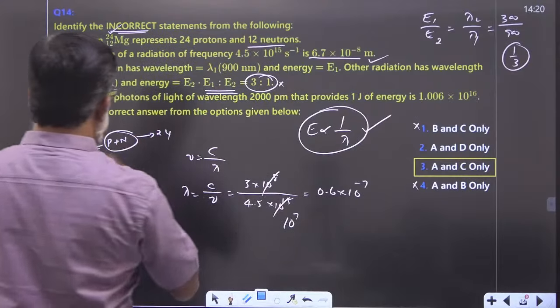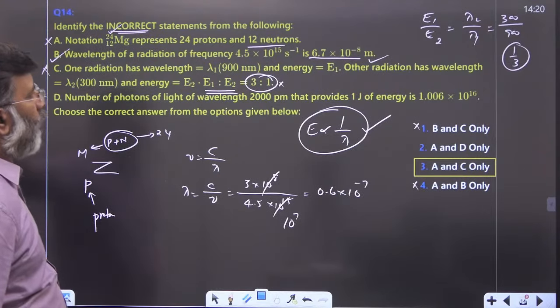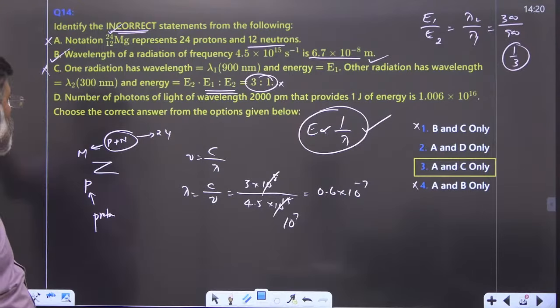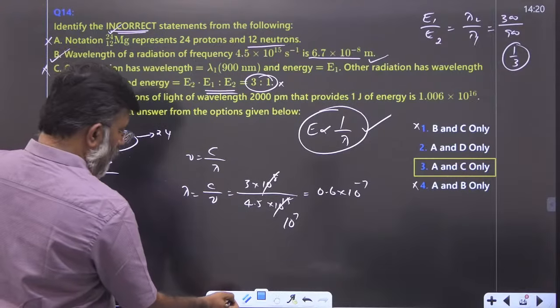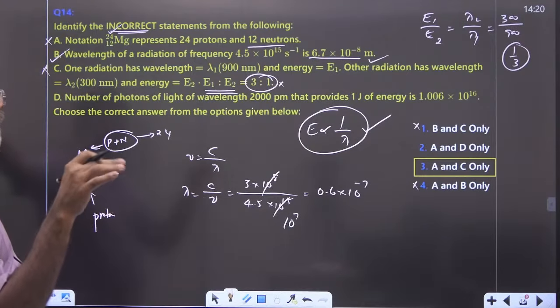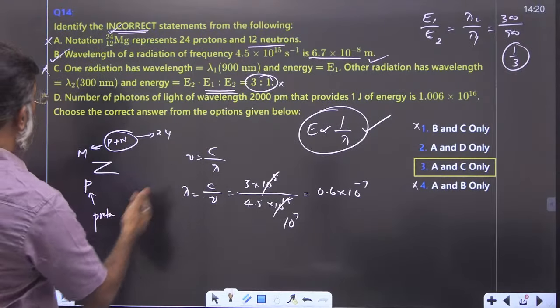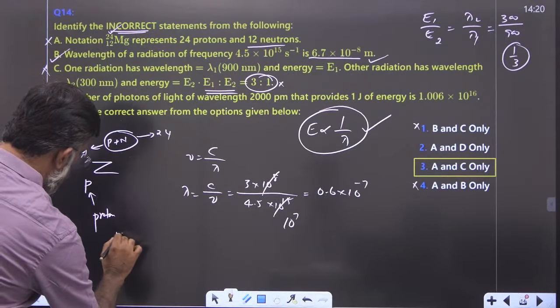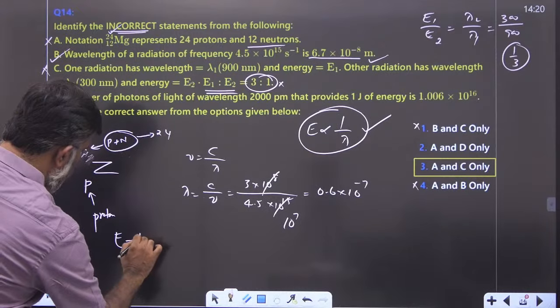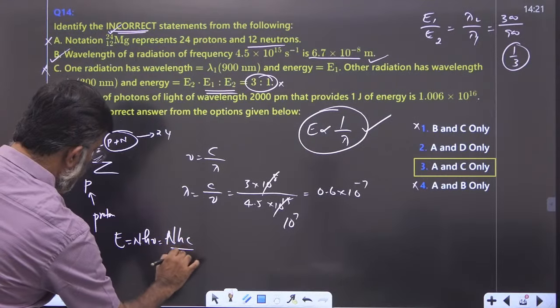Number of photons of light of wavelength 2000 picometer that provide 1 joule of energy is. Definitely that will be a true statement which you can find out. E equal to n h nu equal to nhc by lambda.